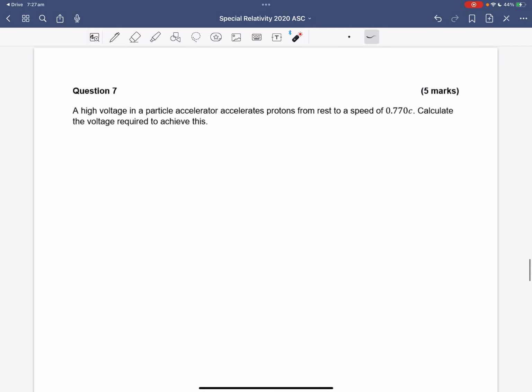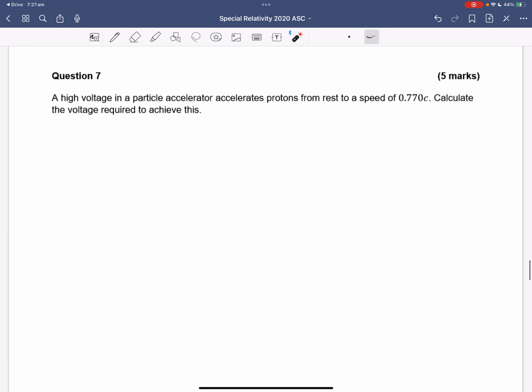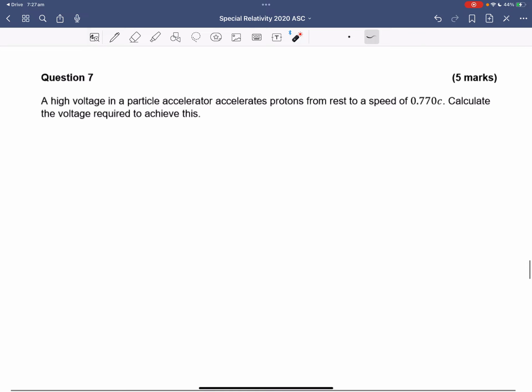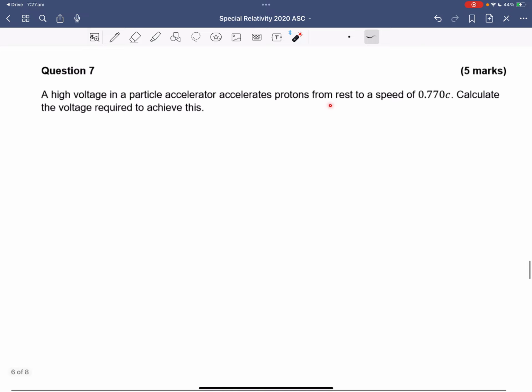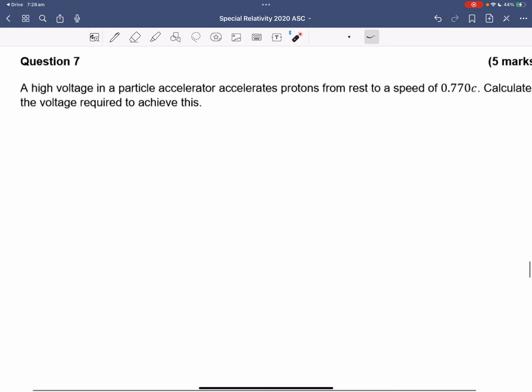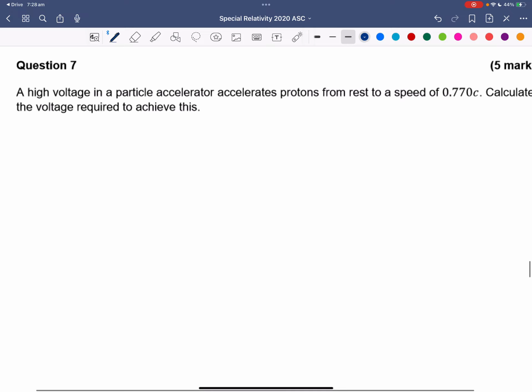Alrighty, question 7. A high voltage in a particle accelerator accelerates protons from rest to a speed of 0.770c. What voltage is required to do this? Okay, so a few concepts that we need to understand. It's accelerating it from rest to that speed, so the energy required to do this is a change in kinetic energy.